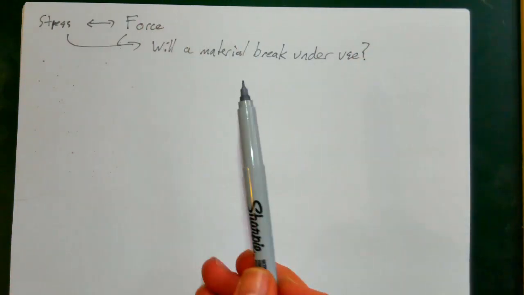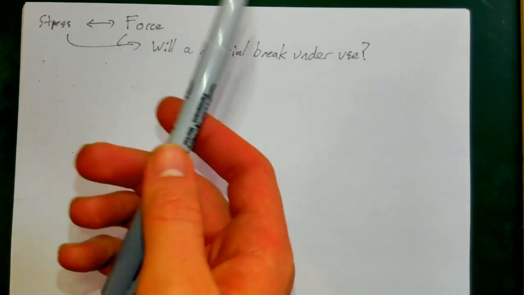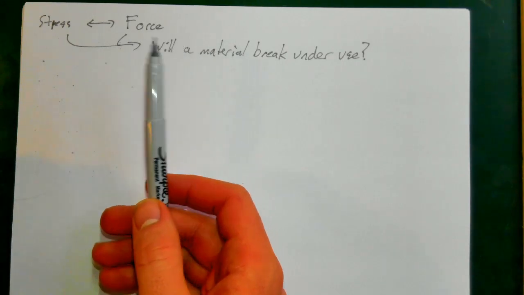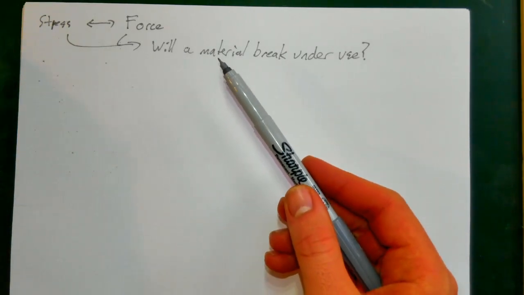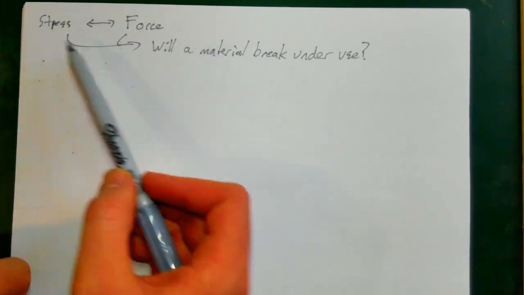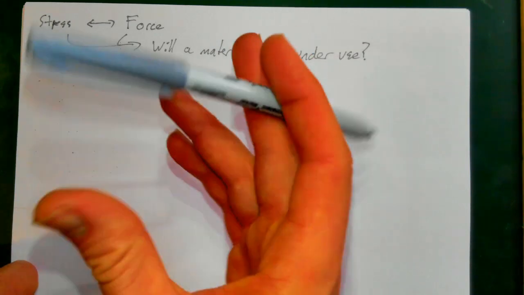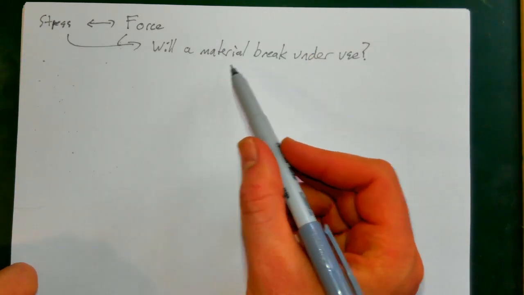You can imagine this for primarily structural things. For example, everything from hip implants to hypodermic needles needs some kind of stress analysis to make sure that when we're using them in their desired way, they don't break.